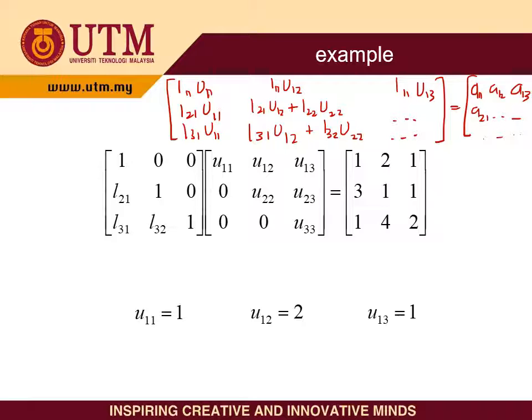How to find U11 here? U11 is equal to A11 divided by L11. A11 is 1 divided by L11, which is 1.